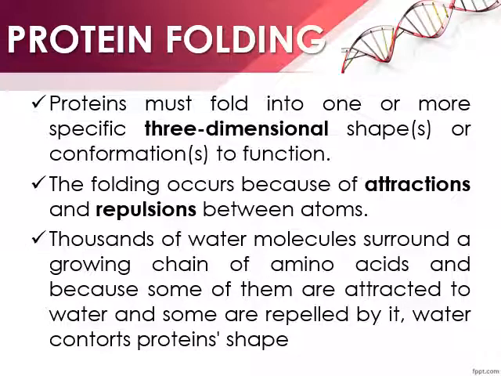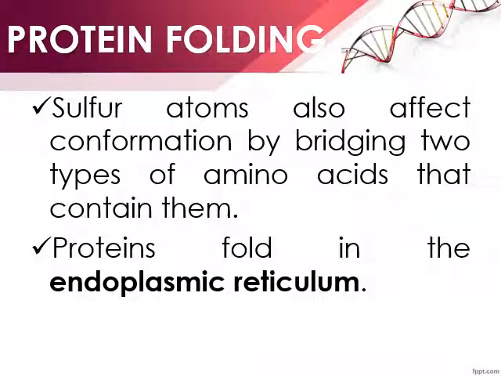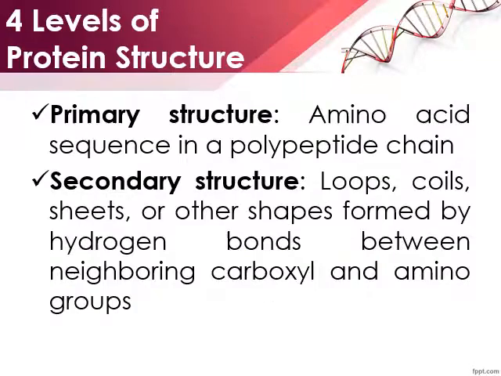So protein folding. So protein must fold into one or more specific three-dimensional shapes. So the folding occurs because of the attraction and repulsion of atoms. So protein folds saan daw? Sa endoplasmic reticulum. So there are 4 levels of protein structure.